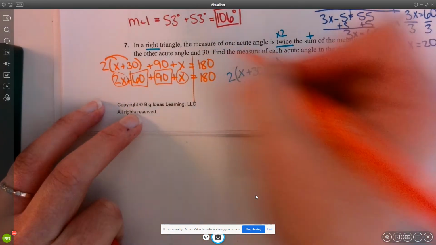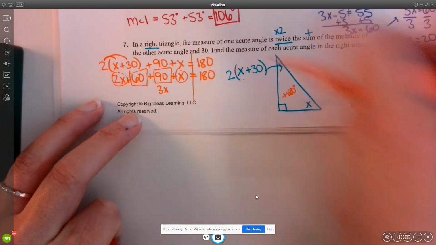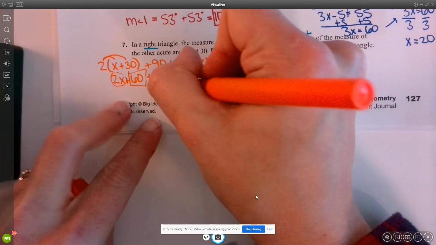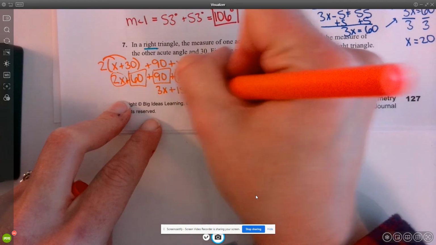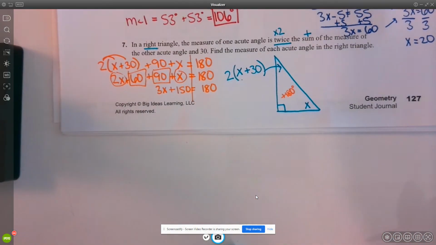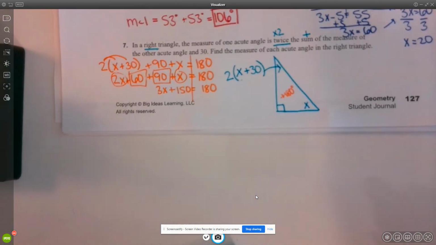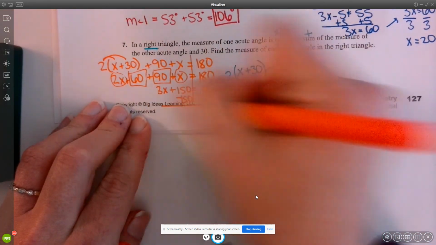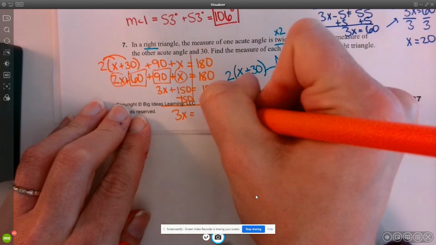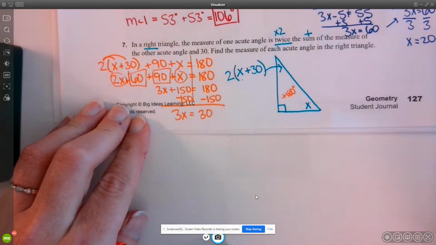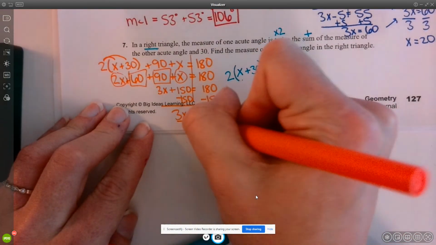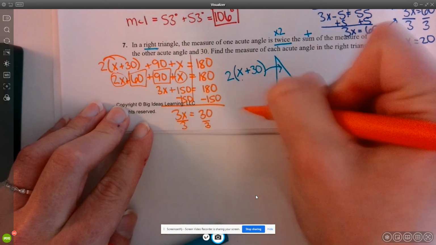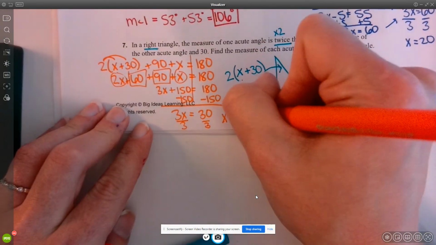So 2x plus x is 3x. 60 plus 90 is 150. I'm going to subtract 150 from both sides. And then divide both sides by 3. And this tells me that x is equal to 10.